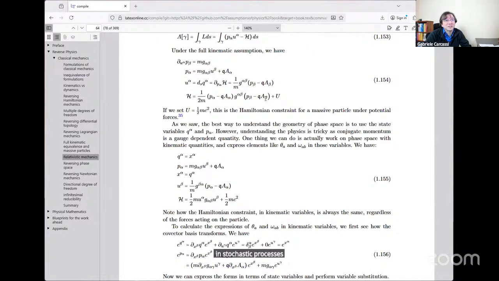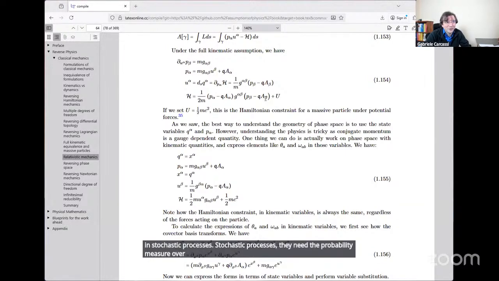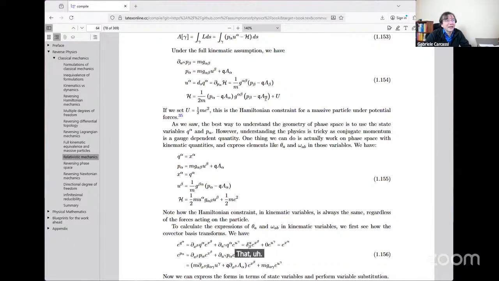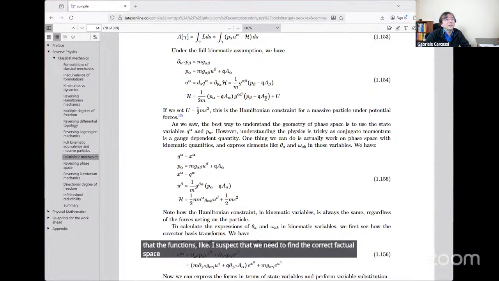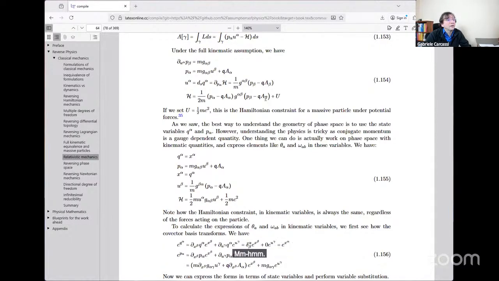In stochastic processes, they need the probability measure over function spaces. I suspect that we need to find the correct function space first. The space of all continuous functions, I think it's going to be too big anyway.